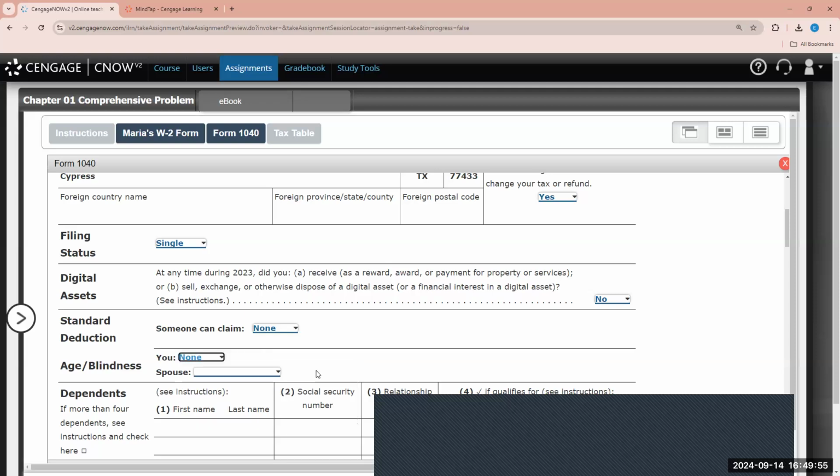The reason why it's asking this question is because whenever an individual is over the age of 65, they get an additional standard deduction. The standard deduction is basically, think of it as an amount of money that the IRS allows you to keep tax free, right? So let's say someone makes $50,000 for the year. The entire $50,000 is not subject to taxation.